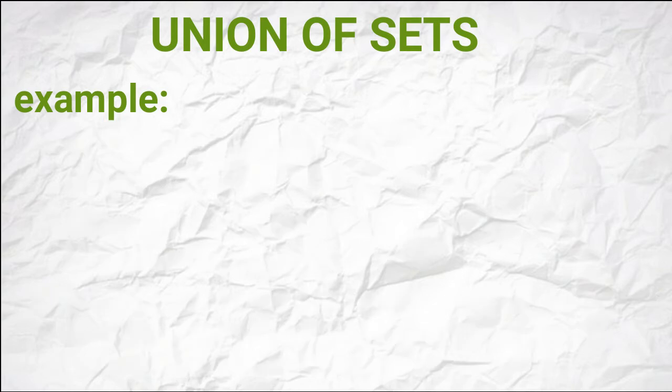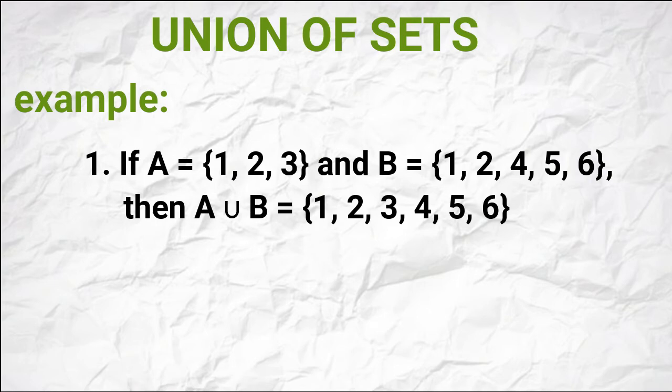We have here some examples of finding the union of sets. In number 1, if A is equal to {1, 2, 3}, and B is equal to {1, 2, 4, 5, 6}, then A union B is equal to {1, 2, 3, 4, 5, 6}.